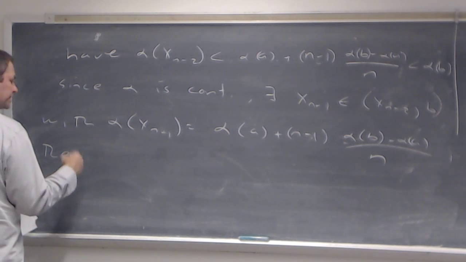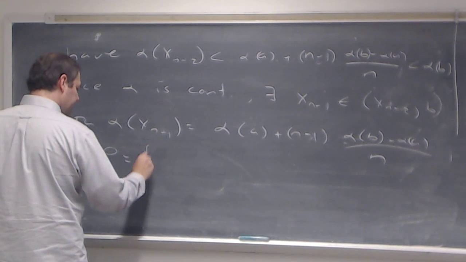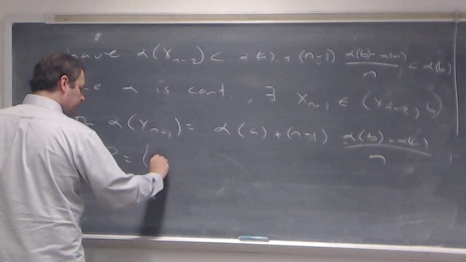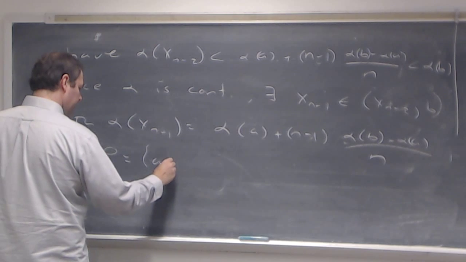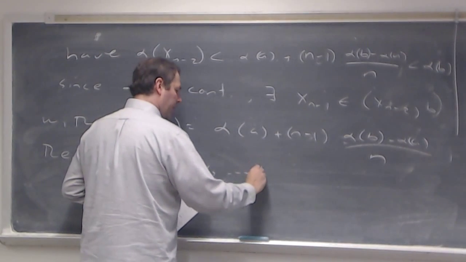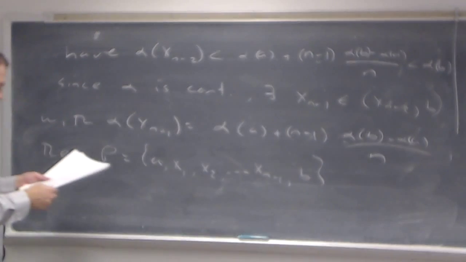Then our partition is defined by A, that's x sub 0, then x1, x2, all the way up to x sub n minus 1, and then b. That's our partition.